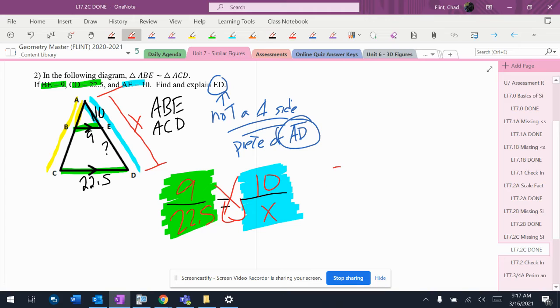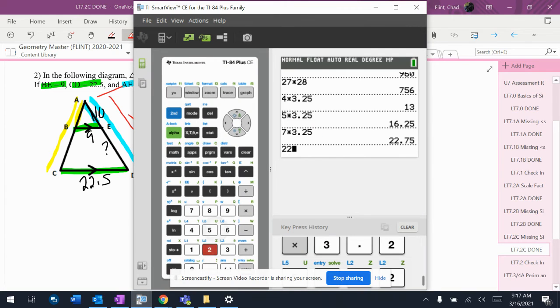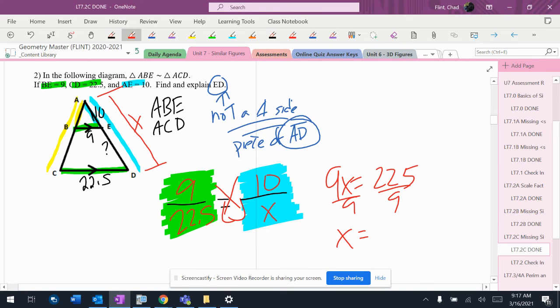And then when I solve this, I'm going to get 9x equals 225. And that's going to give me x equals, I think, 15. 25, sorry. You figure that out, right? Okay, so x is 25. That's not the answer. Okay, it wants to know ED.